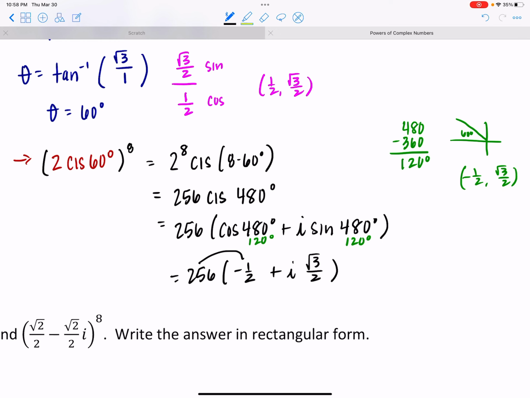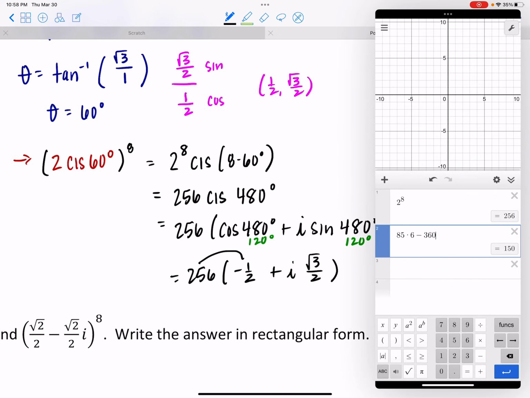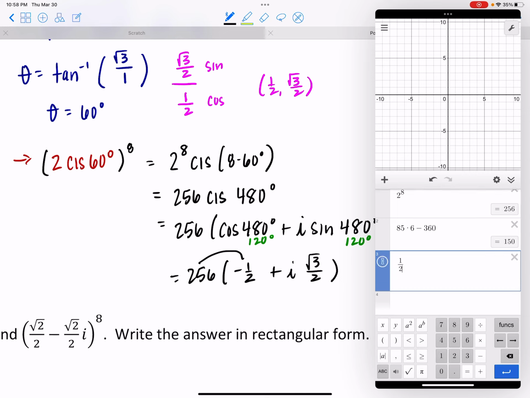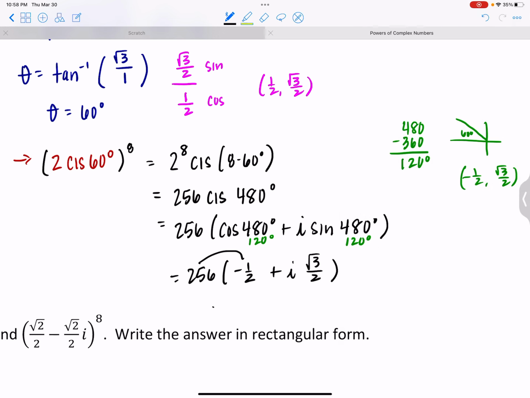So half of 256, 256 divided by 2 is 128. So I'm looking at a negative 128. Plus, again, when we multiply here, we end up dividing the 256 by 2.